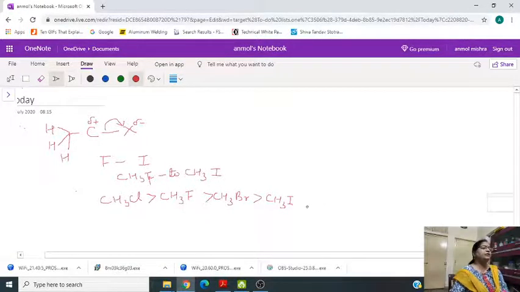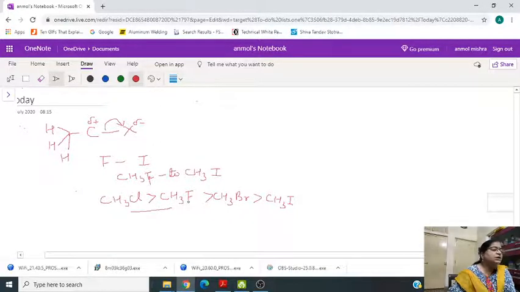As we move down the group, electronegativity decreases, but you should take care that sometimes in exams it is asked to arrange them in increasing or decreasing order of dipole moment. Generally we make a mistake in this. So, always remember that CH3Cl has the highest dipole moment.